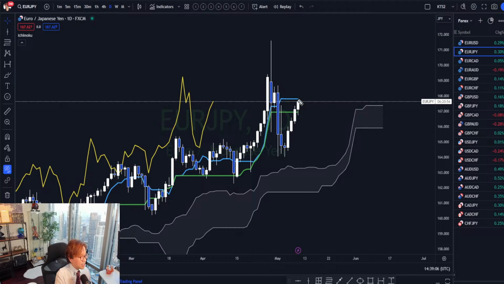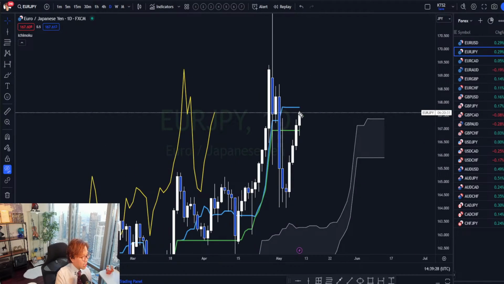So sellers are waiting actually here. These lines are, so to speak, like the mean of the market among the short term, mid term, and long term. And these are the comfortable price levels for the short-term, mid-term, and long-term traders. Now from the short-term perspective, they want the price to reach here so that the short-term traders become break-even. All the short-term traders in the world become break-even when the price exactly touches the Tenkan-sen.